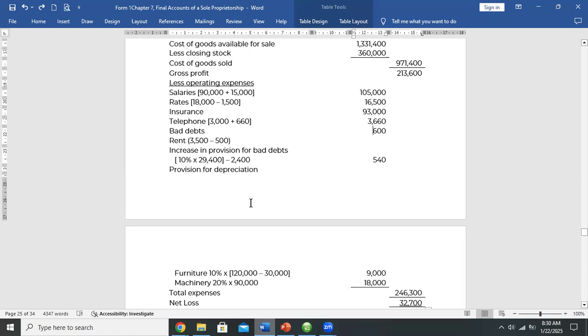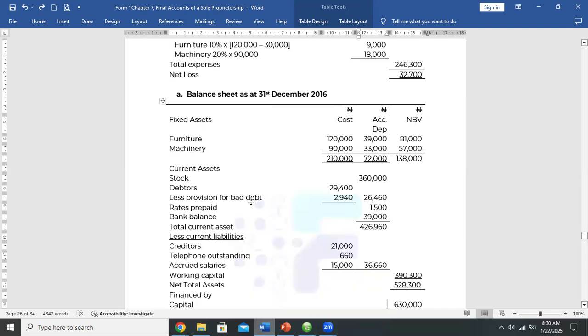Now in the balance sheet, this prepayment is seen as a current asset. So under your current assets, you would indicate expense prepaid. So you see an example here, rate prepaid. Okay, it is your own money because you haven't used the money.